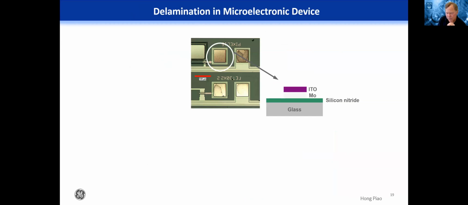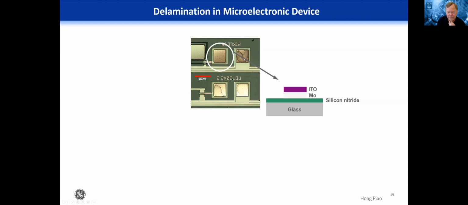So when we were talking about sampling depth and films, we showed this image, and this was a device that had these features. The features were supposed to be indium tin oxide on moly, on top of a blanket silicon nitride layer, on top of glass.